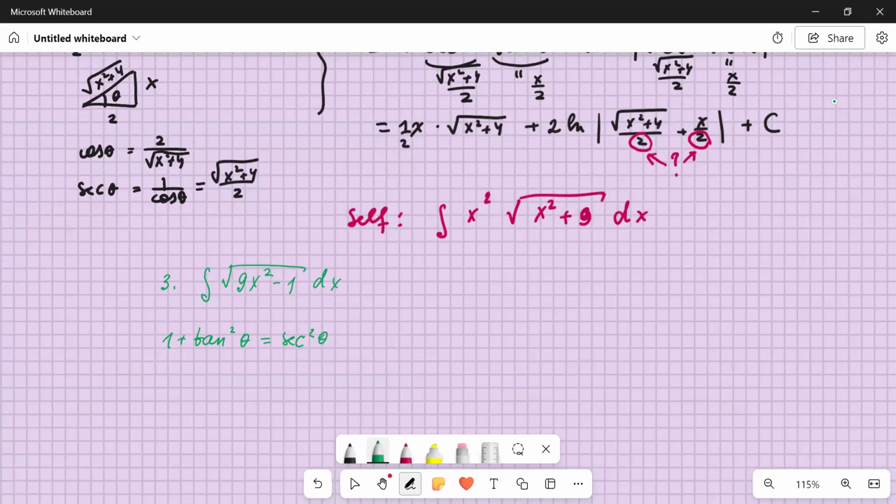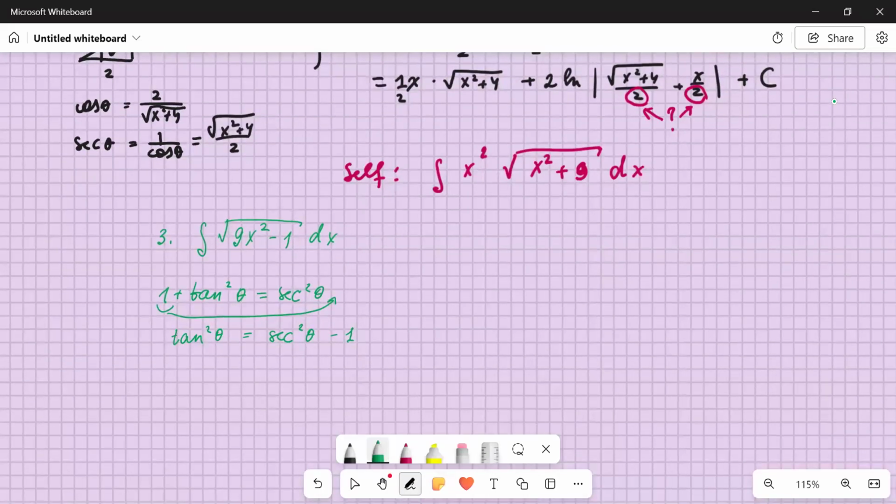Well, what we can do, guys, over here, we can move this one to the right side, and we can write down tangent square of theta equals secant square of theta minus 1. Now all my expressions are matching. What substitution will I need to do here to convert it into tangent square? Well, I'll need to substitute instead of 9x squared, secant square of theta, right?